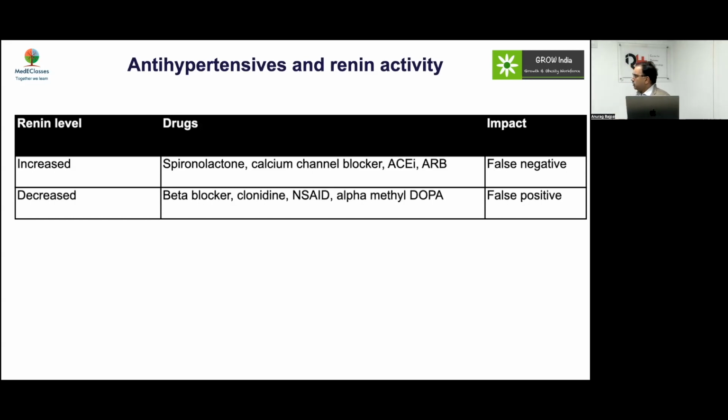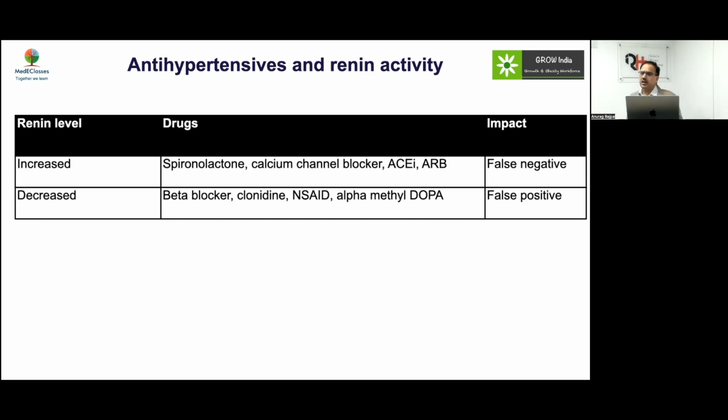If somebody is on sympatholytic agents, beta blockers, or central agents like clonidine and methyldopa, these are all going to inhibit the central sympathetic trigger. So therefore, you will have a low level of renin, and because renin goes low, your aldosterone to renin ratio will go up. And you will falsely label somebody, who does not have primary hyperaldosteronism, as having primary hyperaldosteronism.